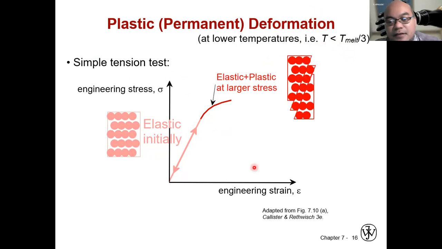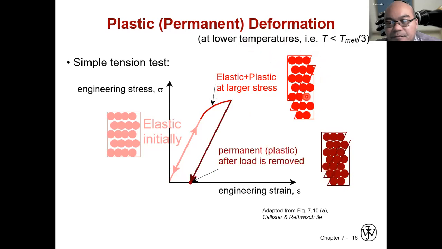When you further pull or push the material, slip will occur between the crystalline planes. Elastic deformation also still occurs, which is the increased space between the atoms, but plastic deformation also occurs at larger stress.